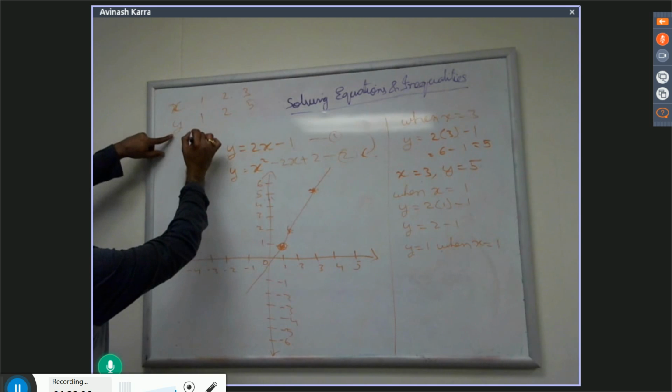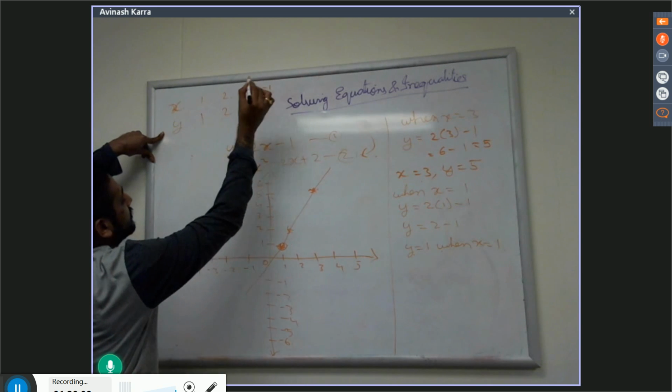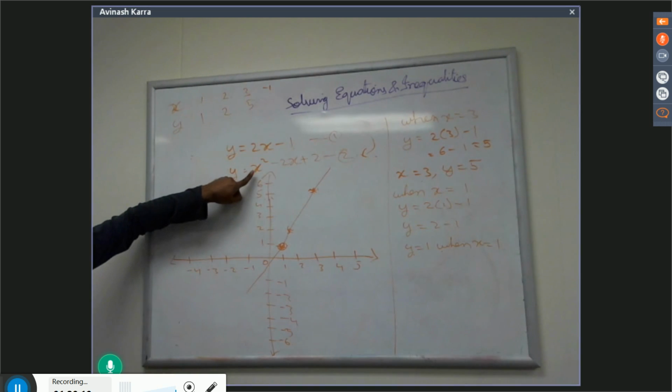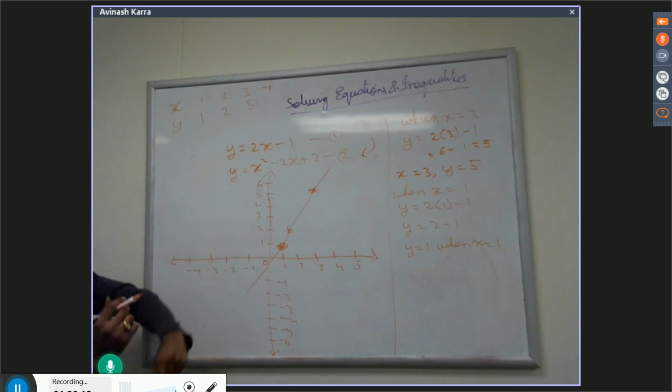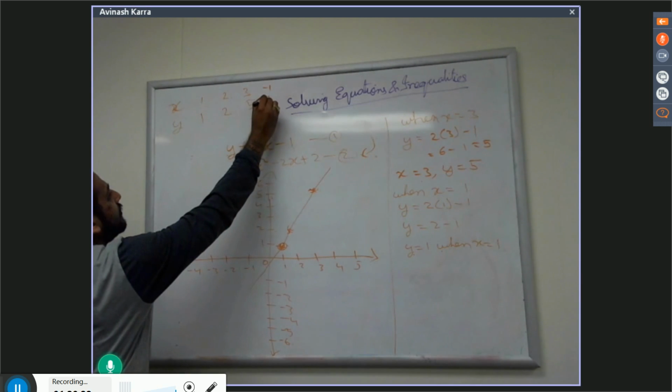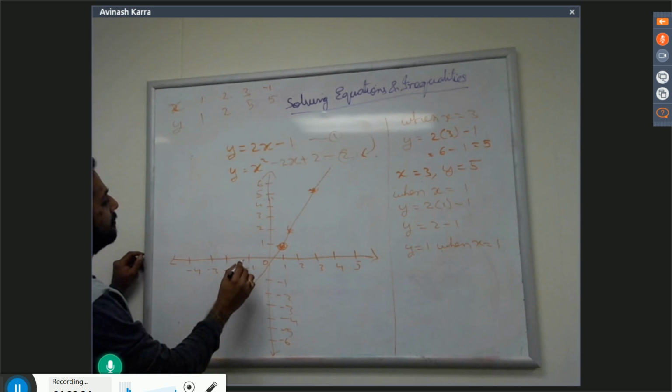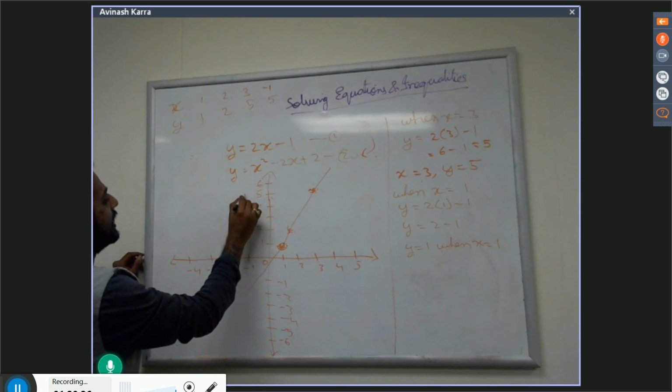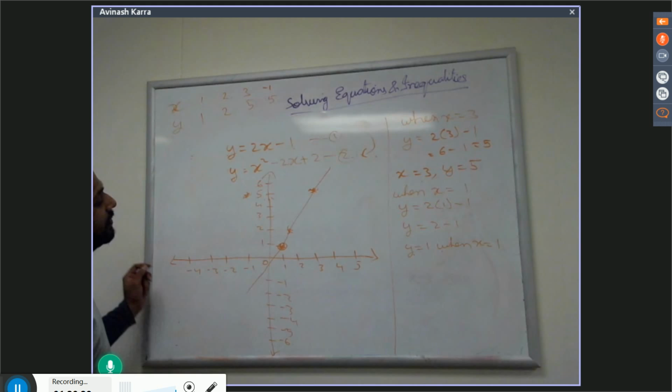And if I take minus 1, now you tell me what will be the value. The value would be 5. 5 at minus 1 will be 5.